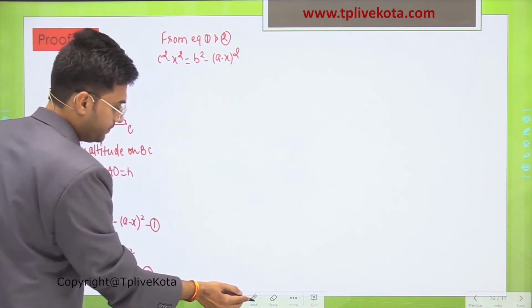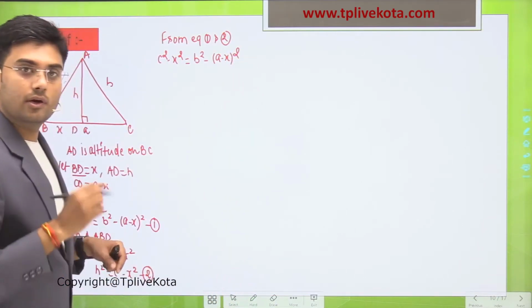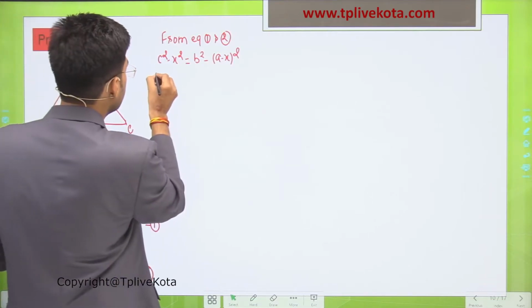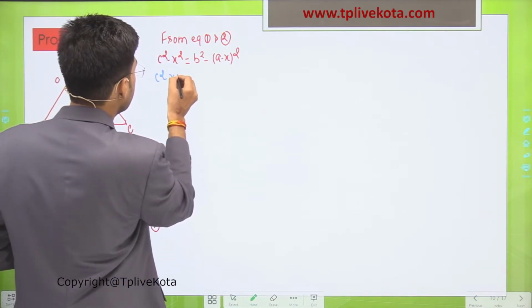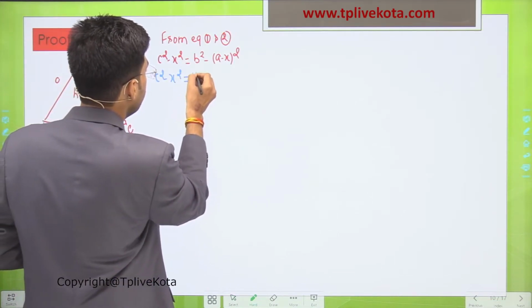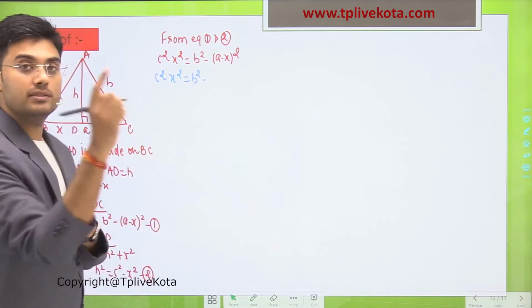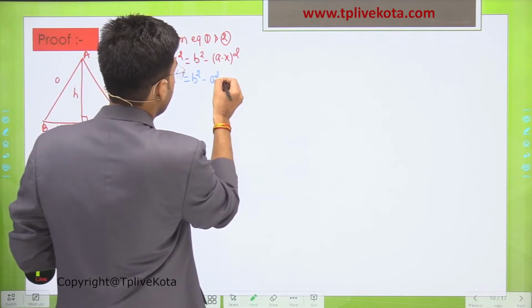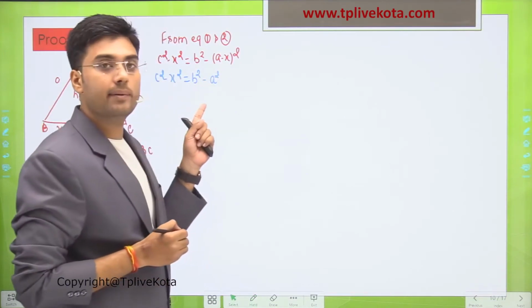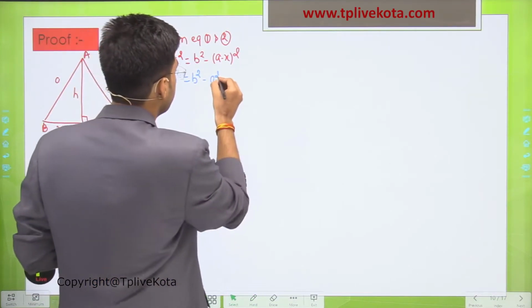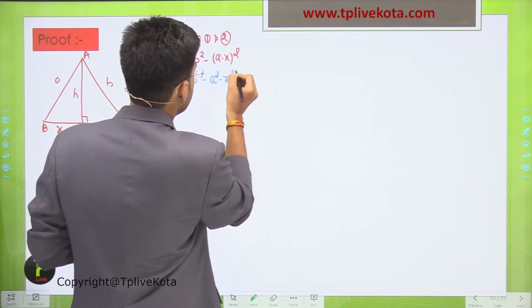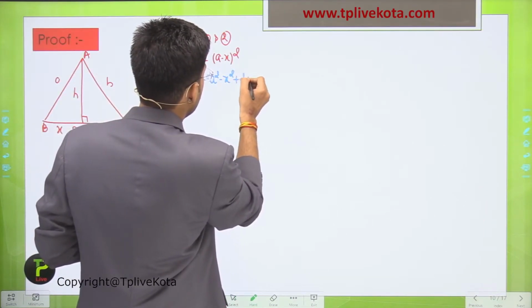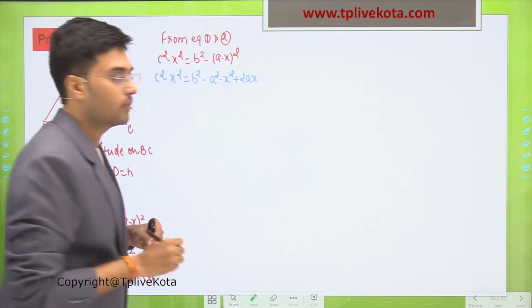Now when we solve this, what will we get? c square minus x square is equal to b square minus (a minus x) whole square, which is b square minus a square minus x square plus 2ax. Clear?